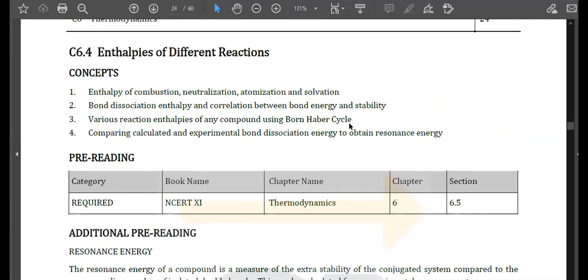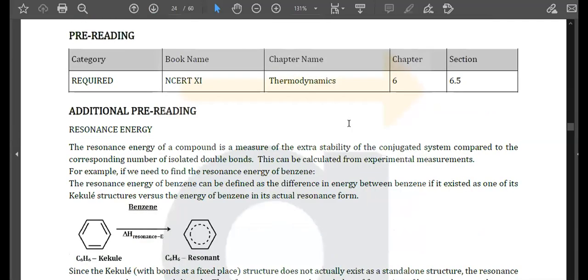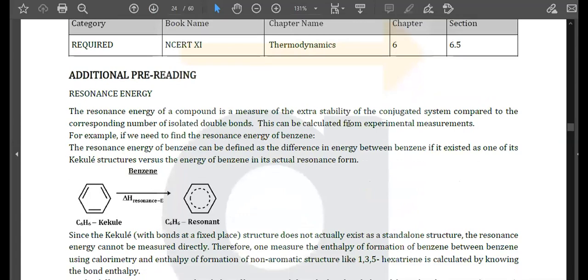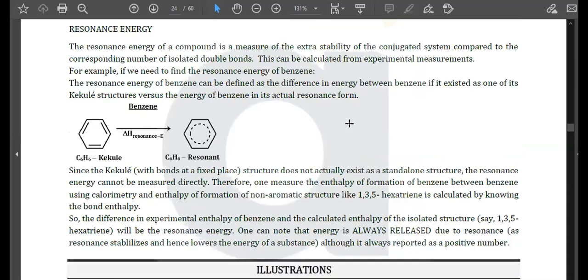So resonance energy, we have studied. What is resonance energy? What is the relationship between resonance energy, actual energy, and theoretical energy? Actual is equal to theoretical minus resonance energy.